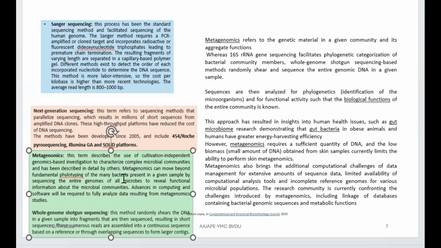Of course, details of metagenomics we are going to study in the next lectures, but this is another way to approach 16S rRNA sequencing. And then next comes whole genome shotgun sequencing.